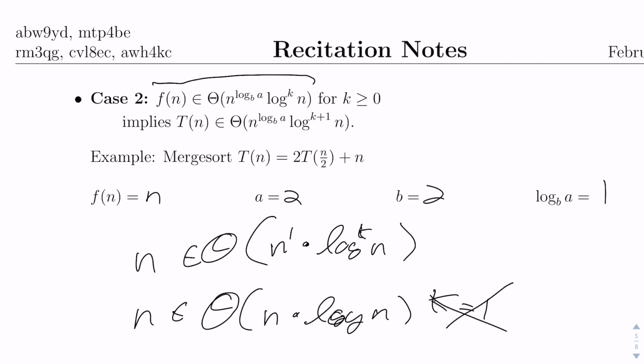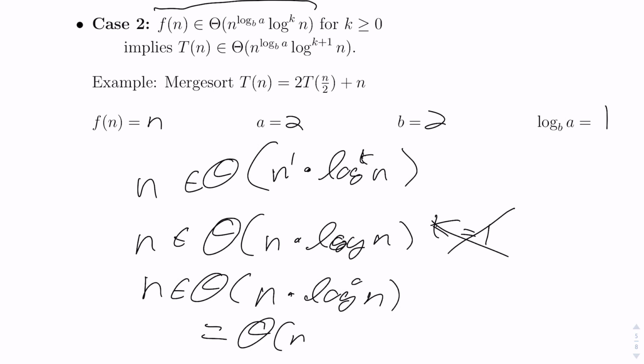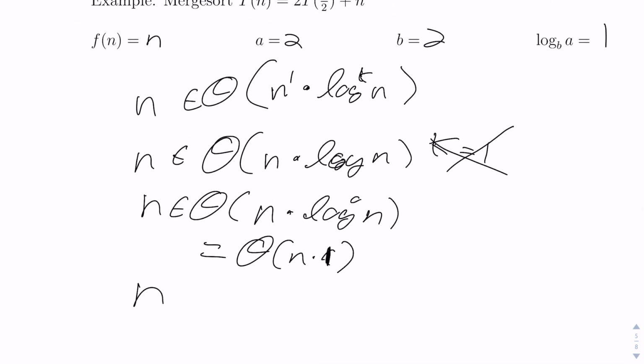Anybody suggest a better value for k that we could pick? K equals 0. Right, so what happens when we choose k equals 0? We have n is theta of n times log to the 0 of n, which is equal to 1, which is just n is theta of n.